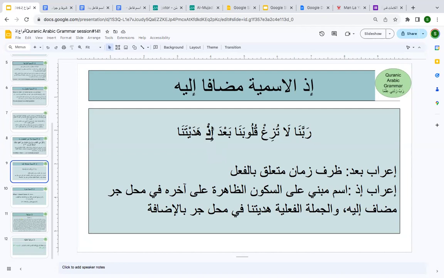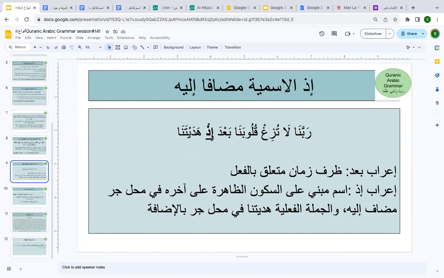There is ba'da and idh, it's mudafun ilayhi. What's the status of hadaytana? It's a jumla failiya, fail madin, wal fa'il, ta'ul fa'il, na is damir muttasil, maful bihi, mabni ala sakun, fi mahalli nasbin, right? So the whole jumla failiya is going to be fi mahalli jar because it is mudaf ilayhi for idh.